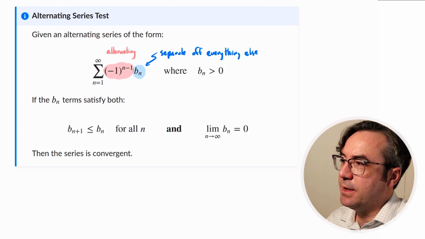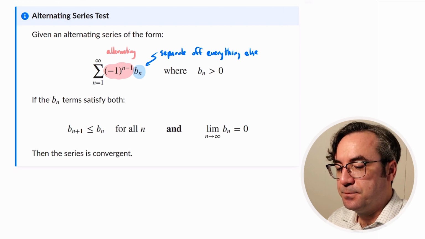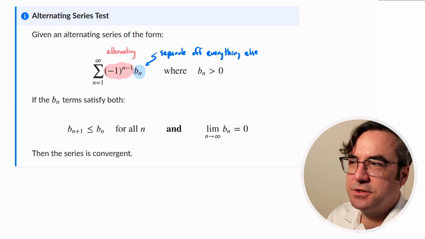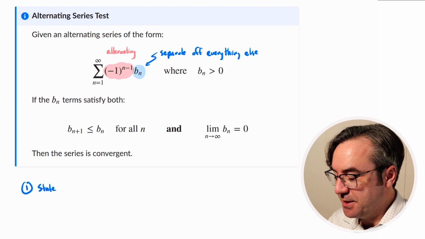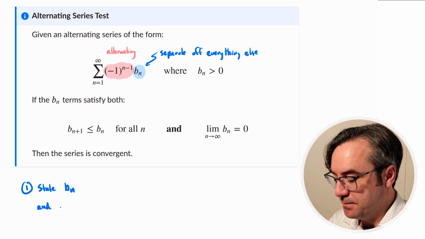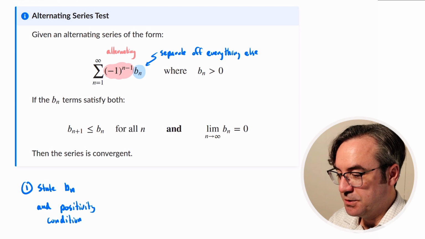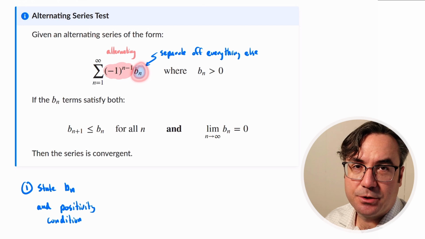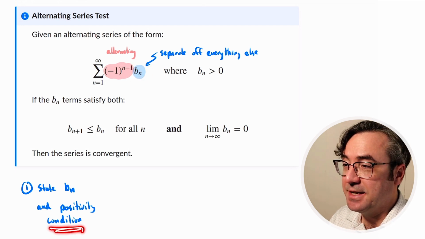So what steps are we going to take to actually perform our alternating series test? Step 1 will be to state Bn and the positivity condition. First of all, you want to figure out what the Bn term is in your series, and make sure it's actually positive, and state that it's actually positive.